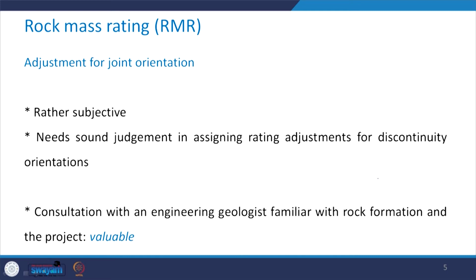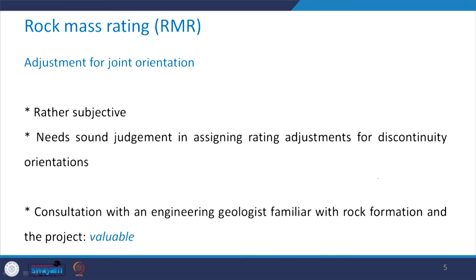So these are rather subjective. How we will be able to decide whether it is unfavorable or not that unfavorable, or favorable, or fair, that is very, very subjective.